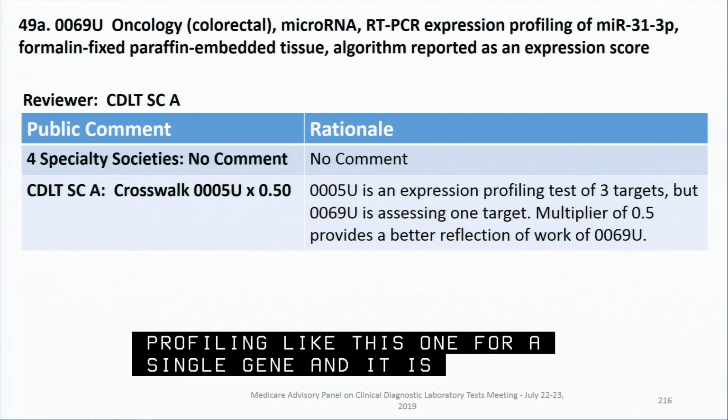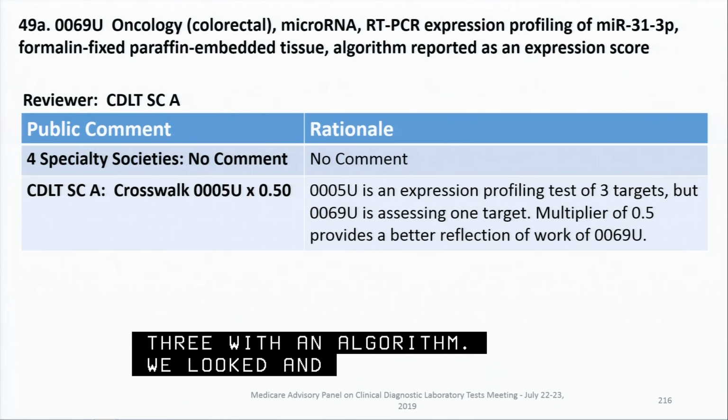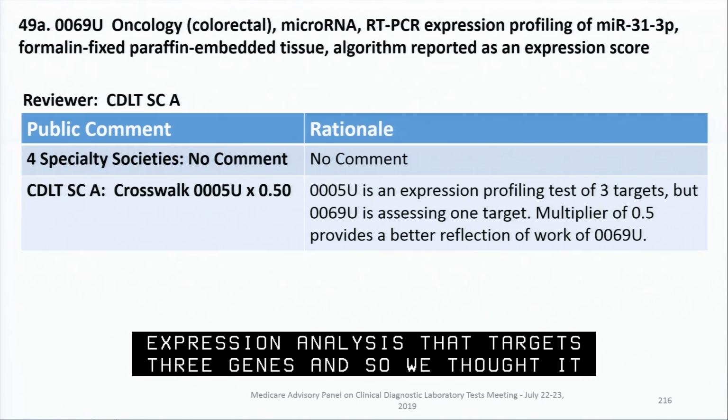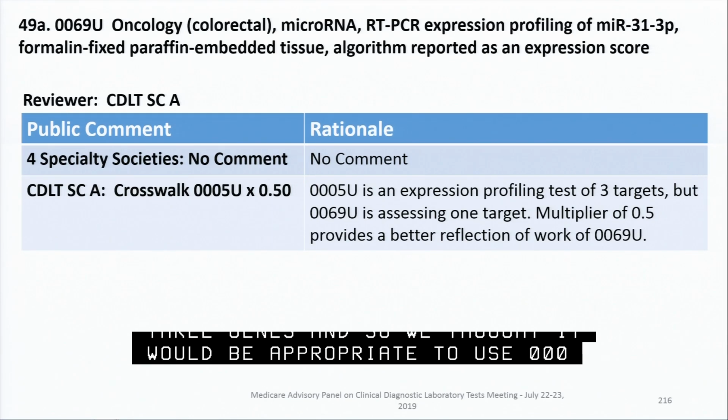So we looked in the MAAAs, and 0005U is an expression analysis that targets 3 genes. And so we thought that it would be appropriate to use 0005U times 0.5 as our crosswalk recommendation.